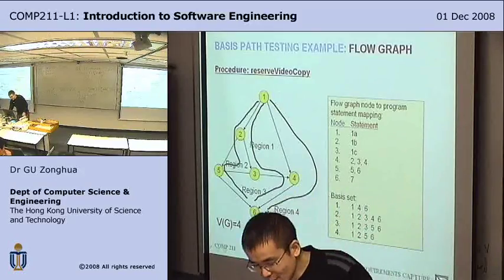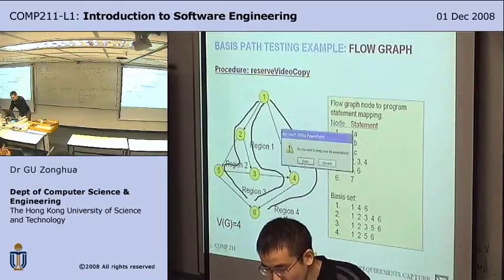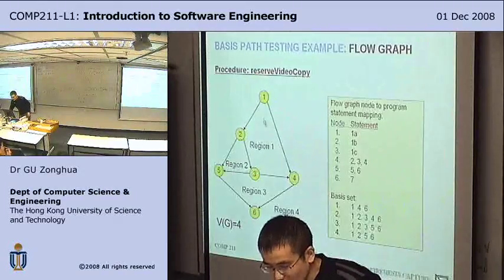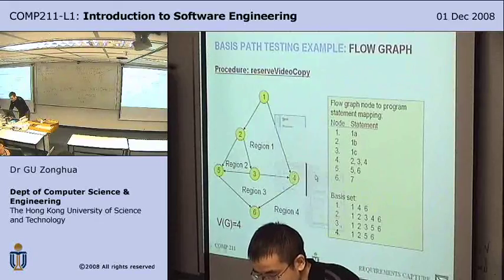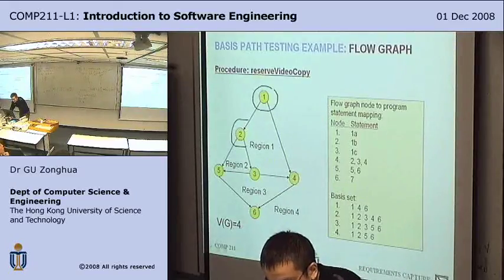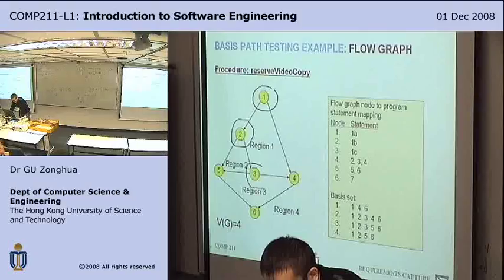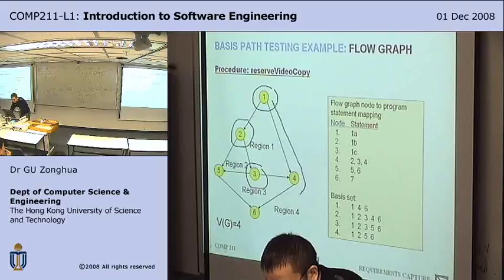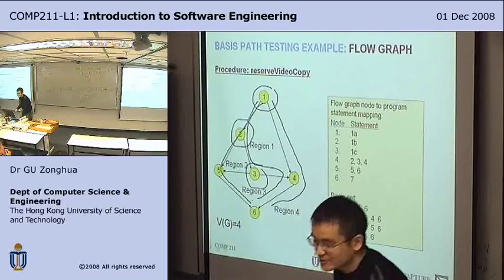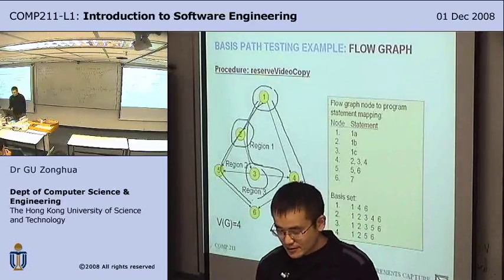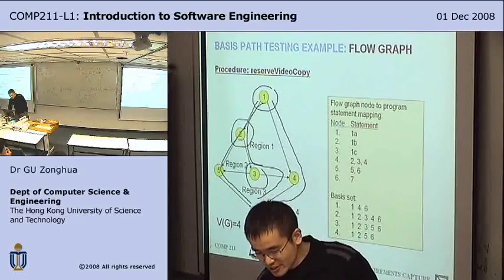Any node with 2 outgoing transitions is a decision node. So this is a decision, this is a decision, this is a decision. Perhaps with 1, 4, 6, 1, 2, 3, 4, 6, and 1, 2, 3, 5, 6, you have covered all the statements. But there's a decision not covered.